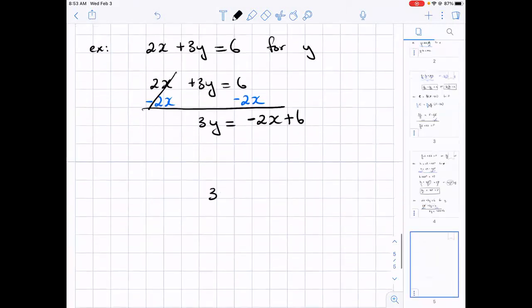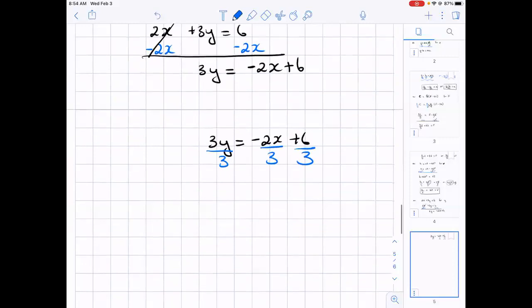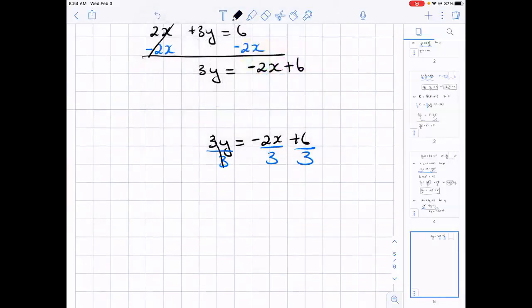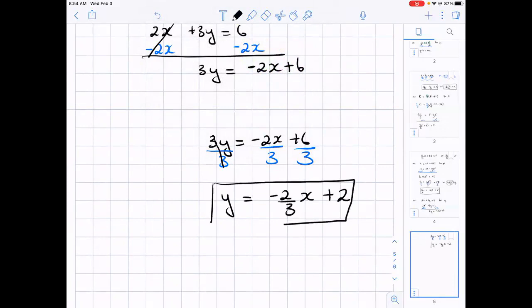Now, to leave y by itself, we will divide each term by 3. And when we do this, the 3's will cancel out. So we have y is equal to minus 2/3 x plus 2. And here is the equation.